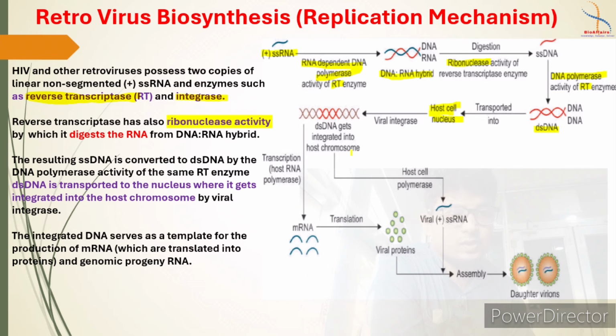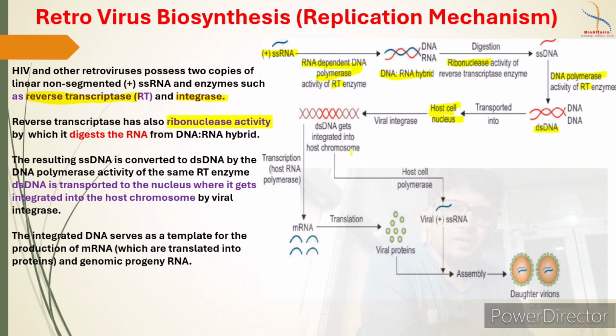Try to remember that. I told you many things will be similar, but the mechanism is different. Here, instead of prophage, you can say integrated genome. The viral double-stranded DNA, made from the initial parent single-stranded copy, is now integrated into the human DNA, the genetic material, right?